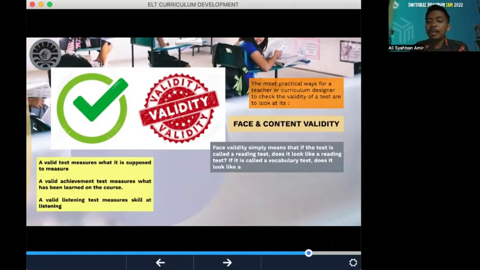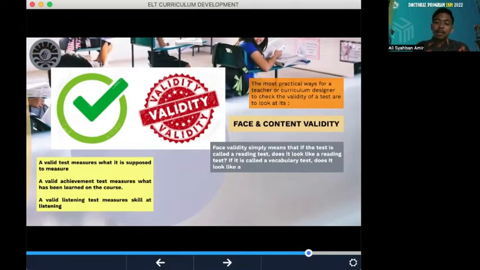Or if it is called a vocabulary test, does it look like a vocabulary test? So it means, what does the test look like? If that is a reading test, it looks like a reading test. Also a writing test or grammar test looks like a grammar test.